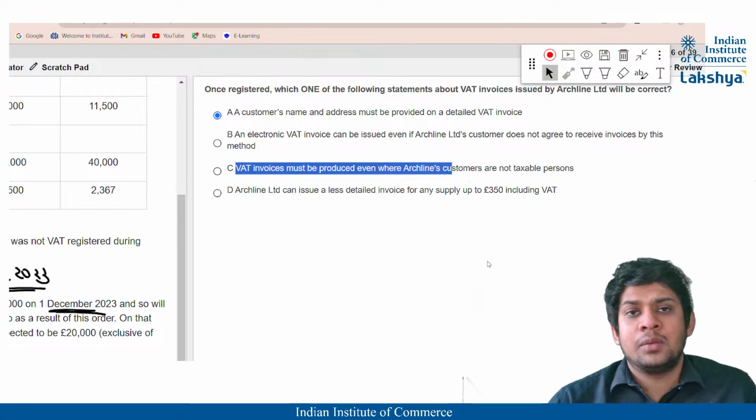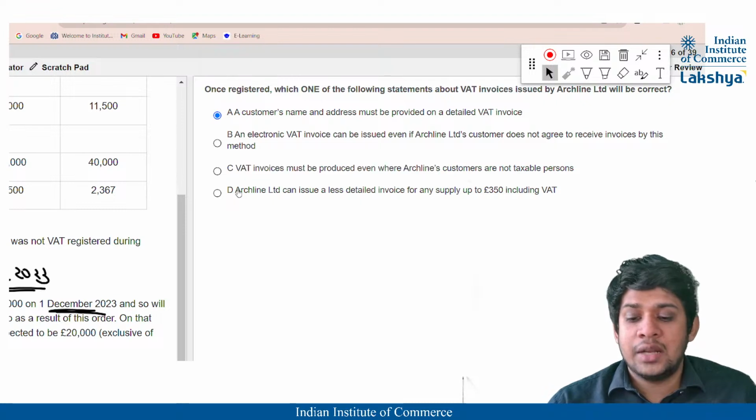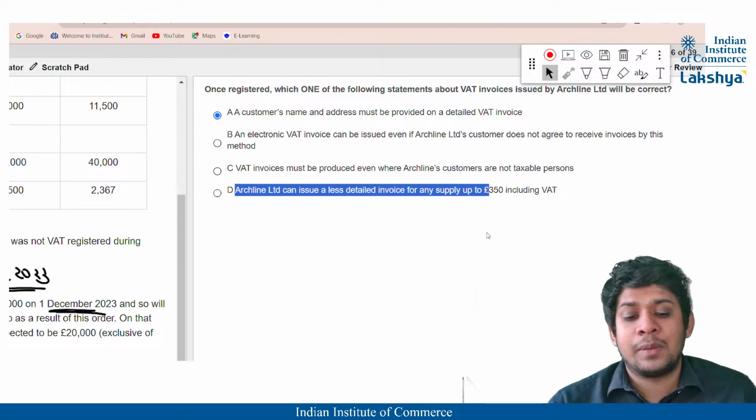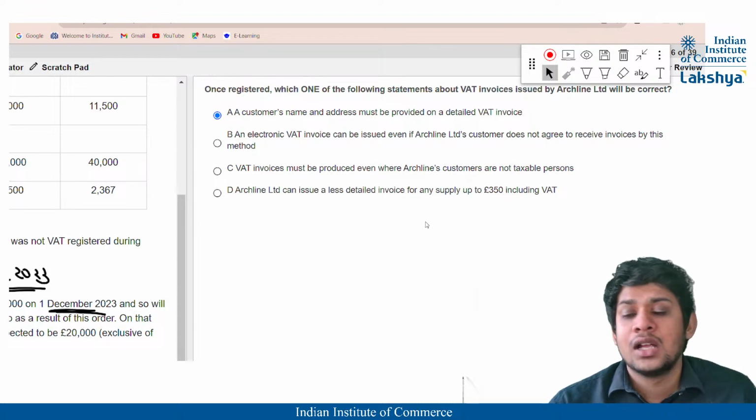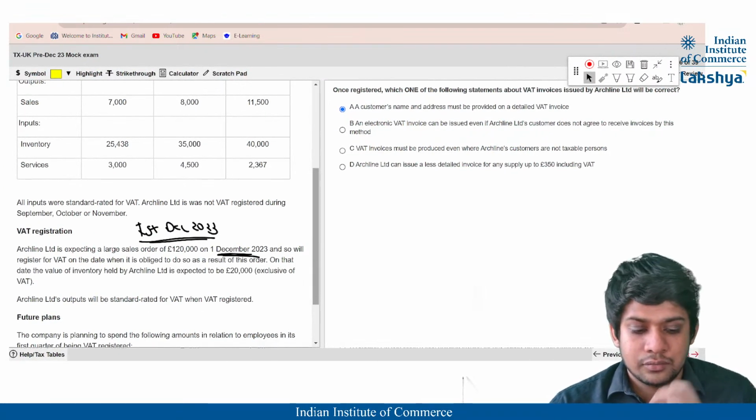So VAT invoices must not be produced because the customers are not VAT registered, right? So this option is also wrong. Lastly, Archeline Limited can issue a less detailed invoice for supply of 350 pounds including VAT. That is not true. The limit is lower than that, right? So option A is going to be the answer.